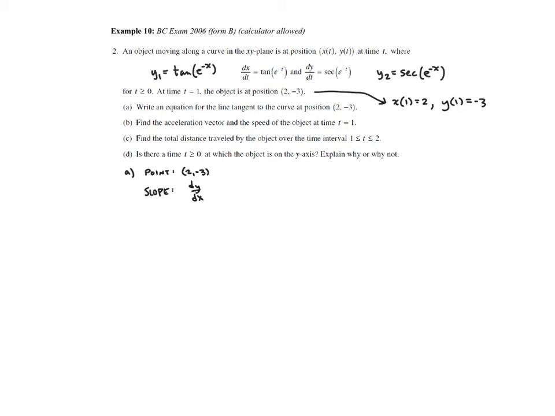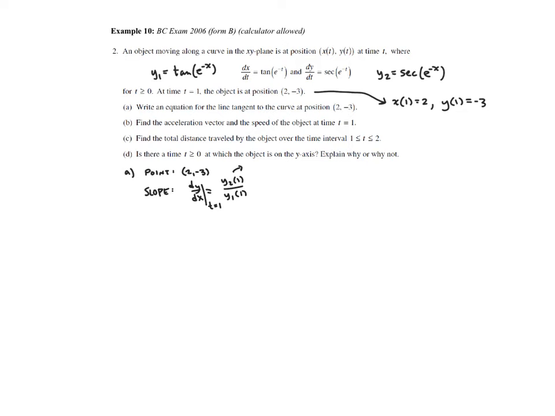So dy dx is going to be equal to dy dt over dx dt, but I want it at time t equals 1. So I'm going to take y2 of 1 over y1 of 1.